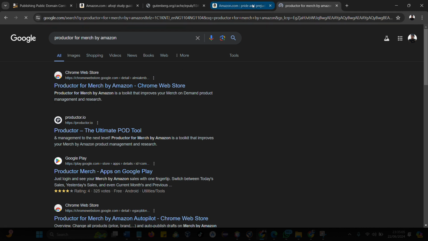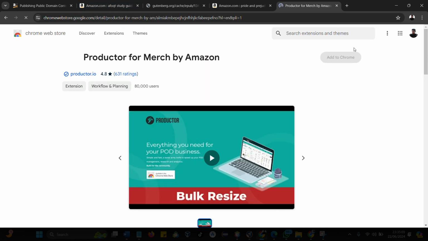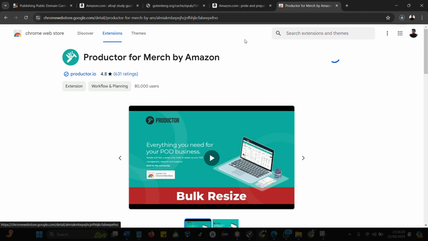Let me install this Chrome extension. I'll click add extension and it will be automatically added to my Chrome. And from that extension, I'll be able to spot BSR ratings for books and all of that.